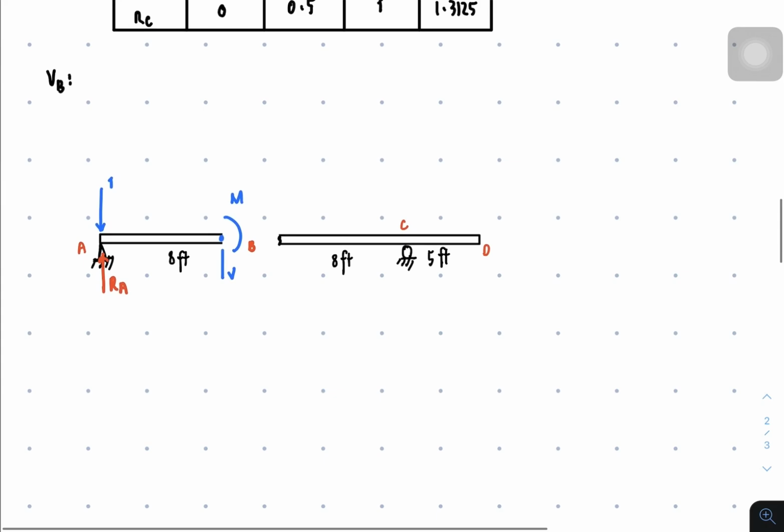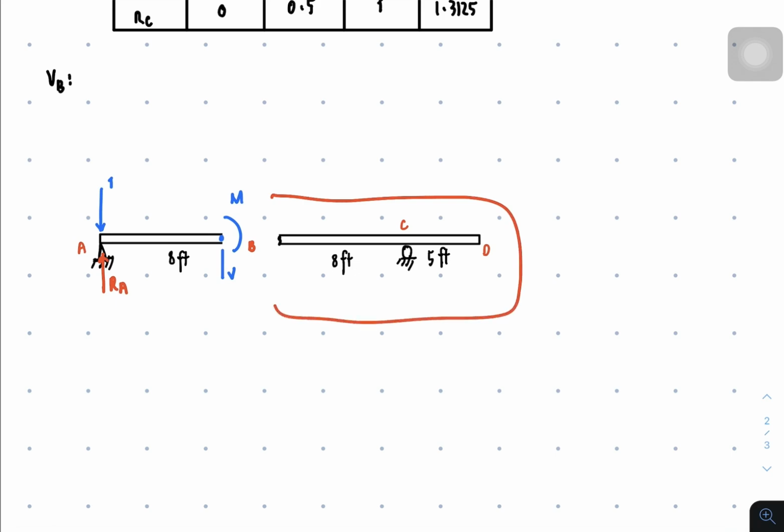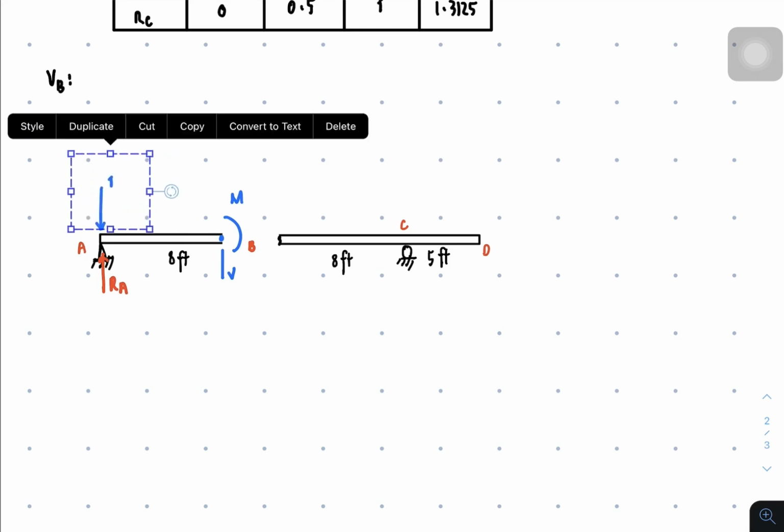So since we cut the beam, basically I will be using this because it's the usual consideration. If you consider here, then it's going to be the opposite of the sign convention. Remember, we were taught in our mechanics of deformable bodies to consider the left section for us to be able to use the clockwise positive, counterclockwise negative, and upward positive and downward negative for the shear. And that's really important.